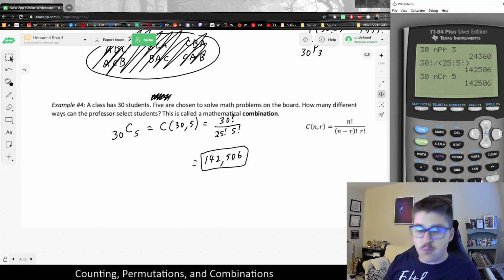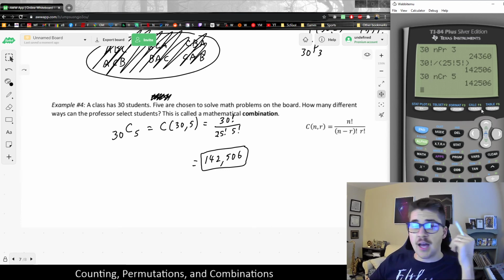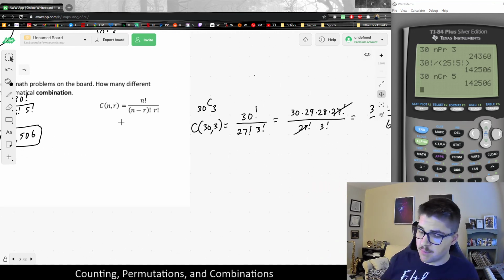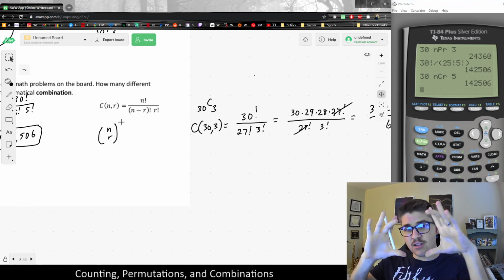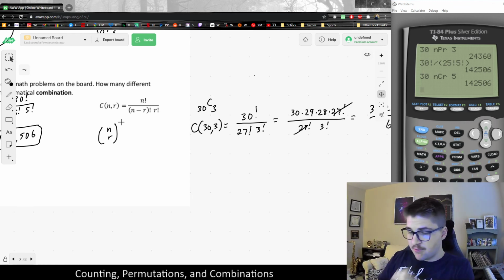One last thing is another way that combinations are written in a mathematical sense, using a kind of weird notation. Basically, you put a large parenthesis with two numbers within it, stacked on top of each other, which sort of looks like a matrix. This is often what's referenced as a combination notation.